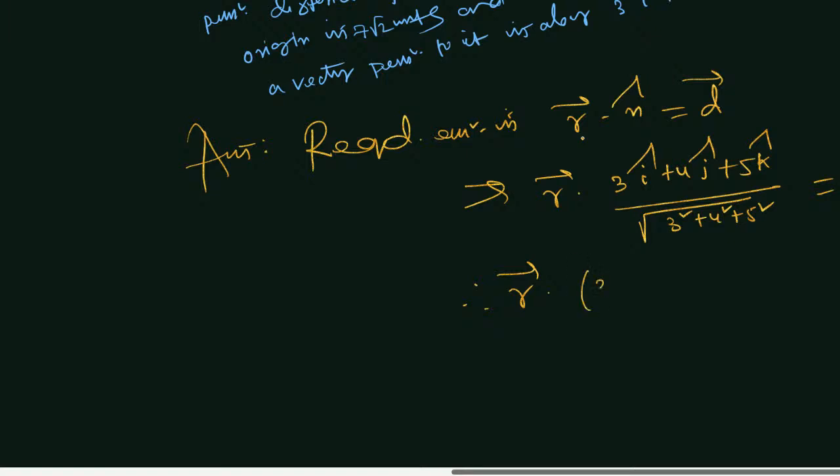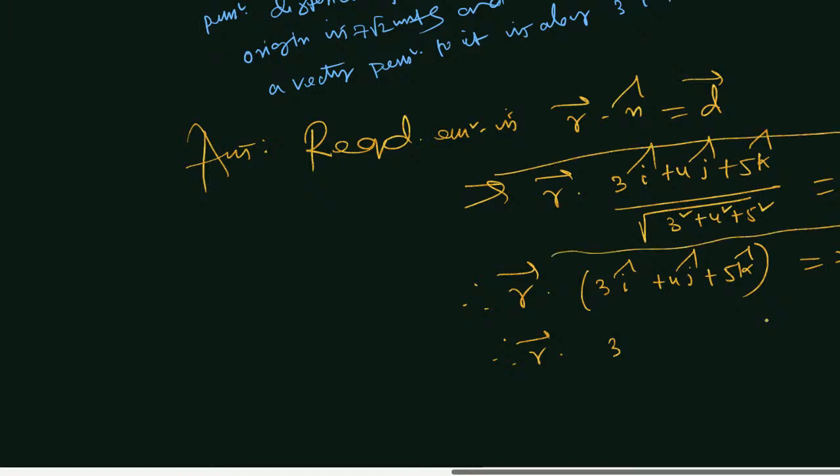So R dot (3i plus 4j plus 5k), this is coming root 50. You can leave it here only.